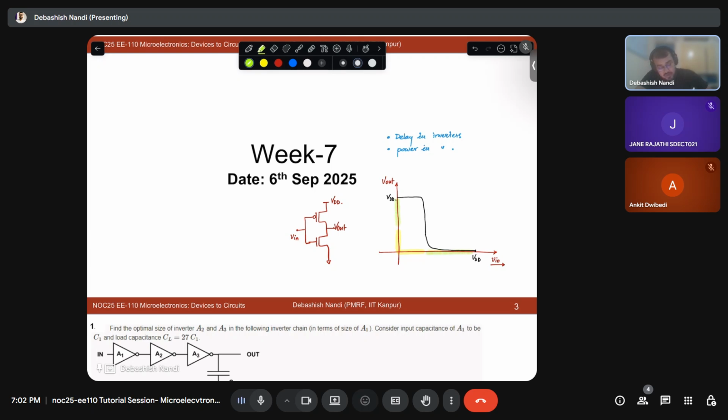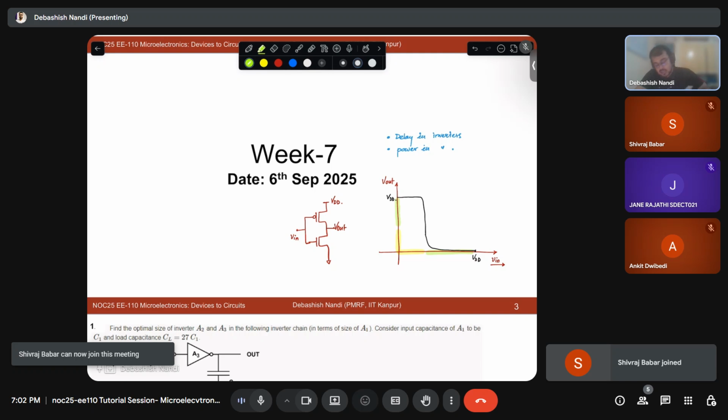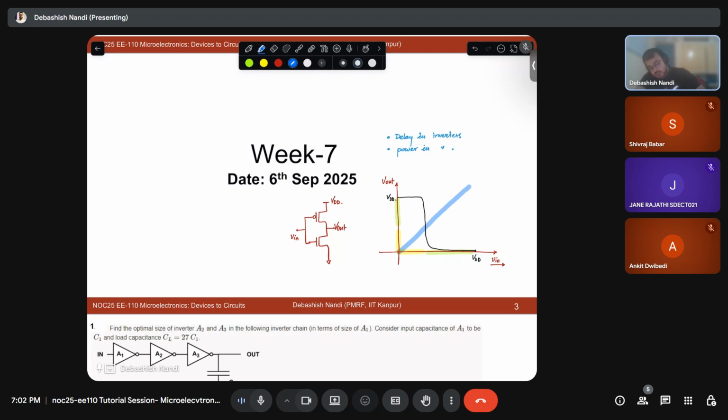Now, how do you bifurcate that? From which point to VDD you will consider 1, and from 0 to which point you will consider as 0. So the common idea is to have a curve.